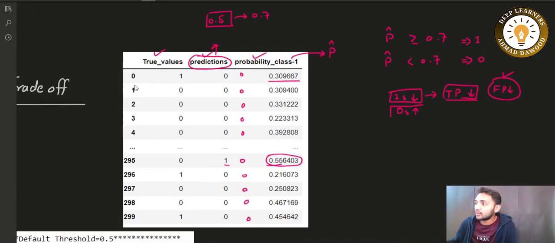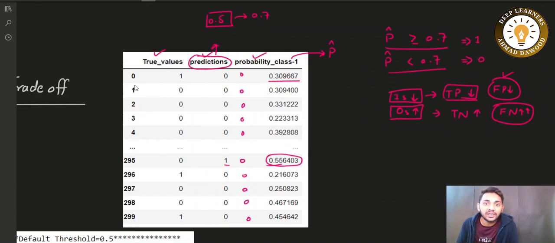So your number of zeros will increase, then your true negatives will increase, and your false negatives increase a lot. The reason is that only if you are highly confident that the sample belongs to class 1 do you classify it as 1.